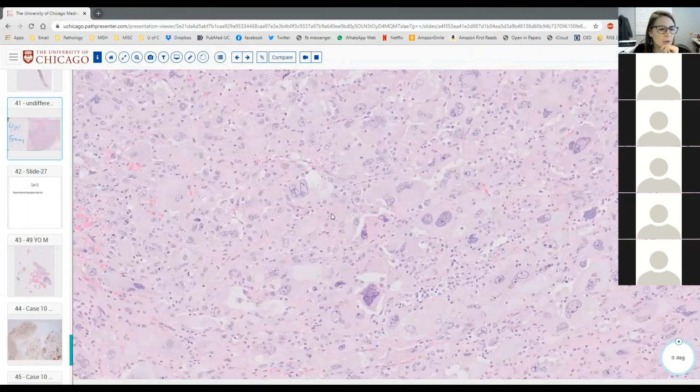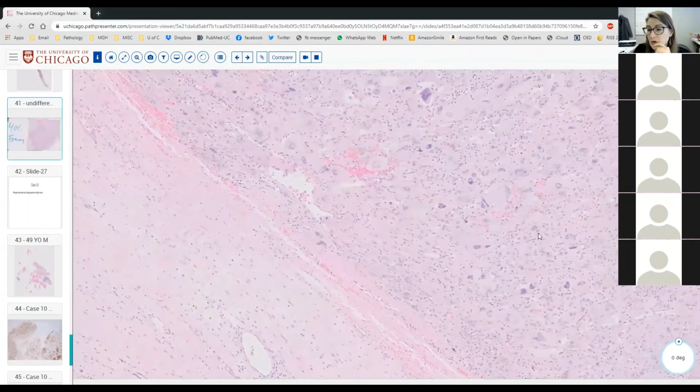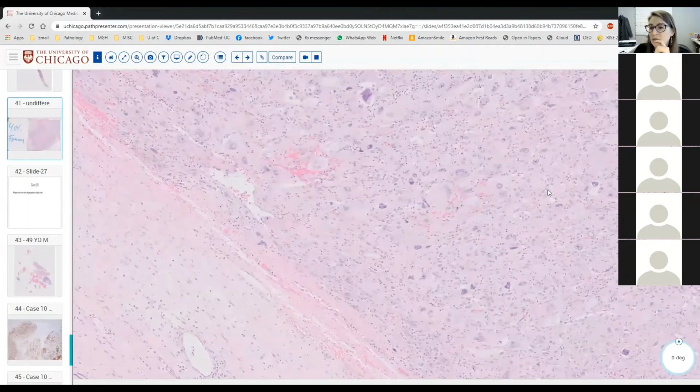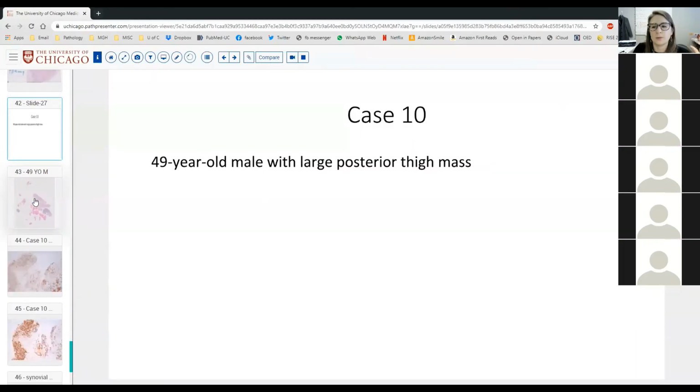So we ended up calling this on the final resection just an undifferentiated sarcoma. Once you've excluded all your types of differentiated sarcomas, you're basically left with a bizarre undifferentiated sarcoma, formerly called undifferentiated pleomorphic sarcoma, formerly called malignant fibrous histiocytoma, now just undifferentiated sarcoma.